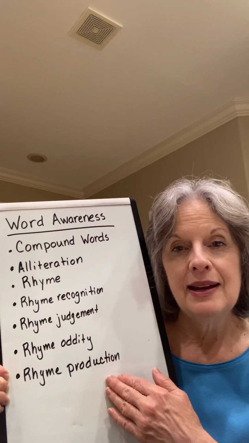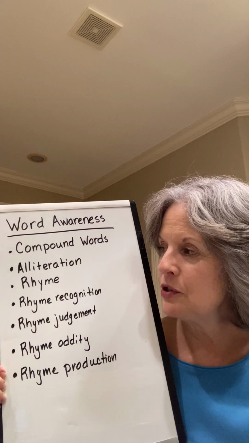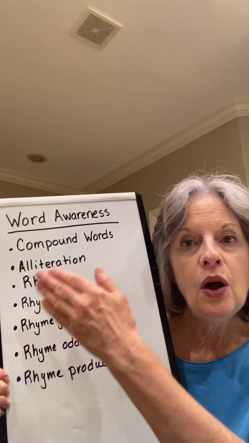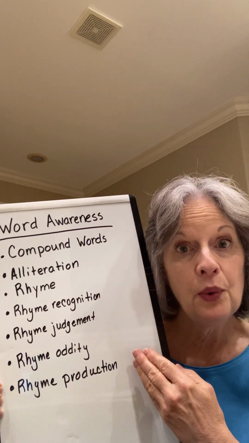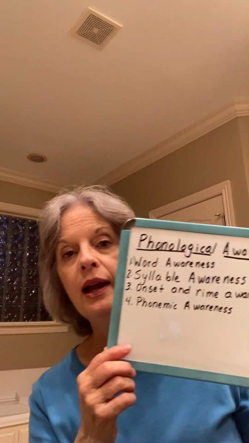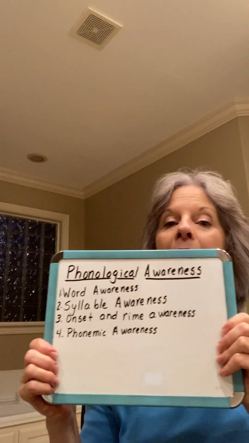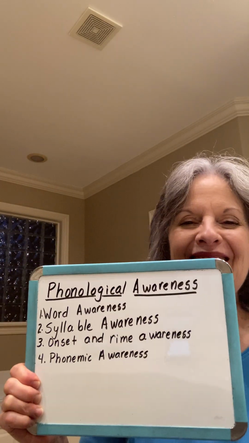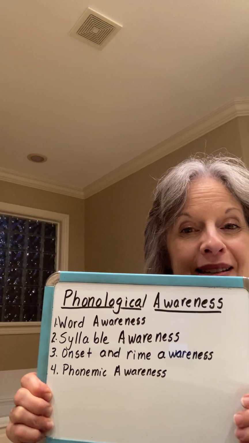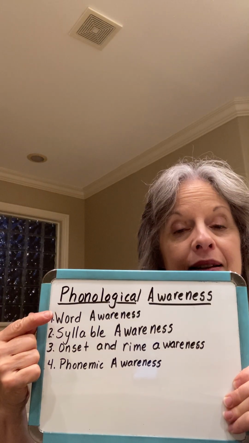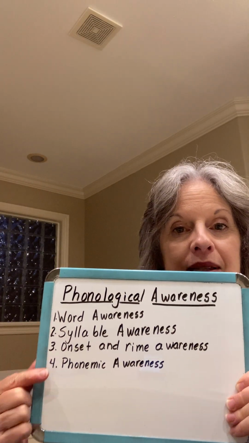And that is the highest level thinking that they'll have to do with rhyme. So all of these go under word awareness, and word awareness is the first skill they need to learn under phonological awareness. And after they learn that, they'll be ready for these next ones, and I'll cover them in my next video.